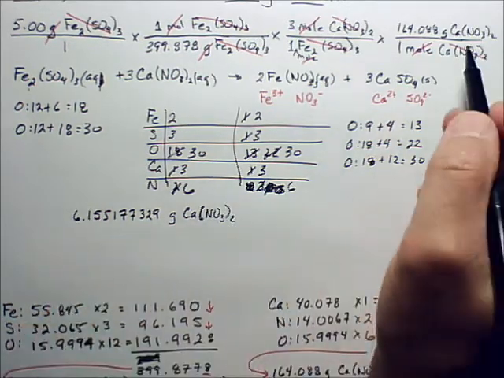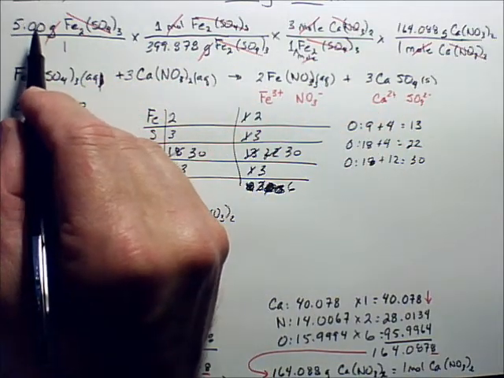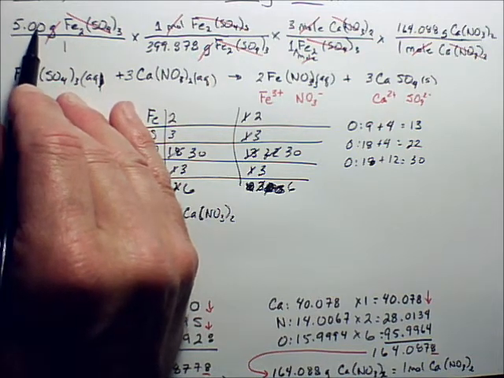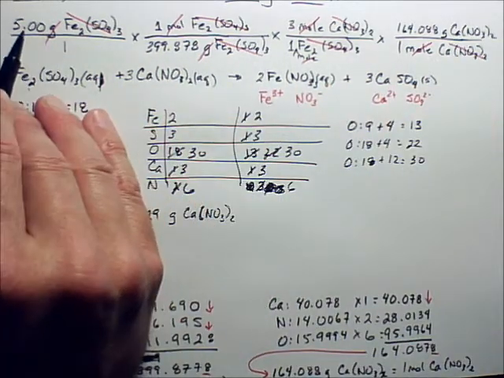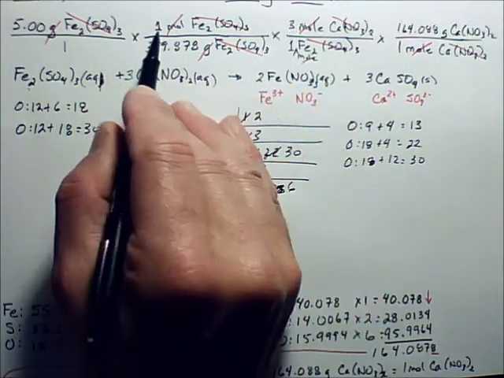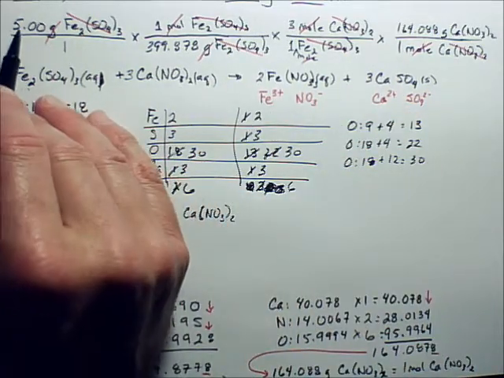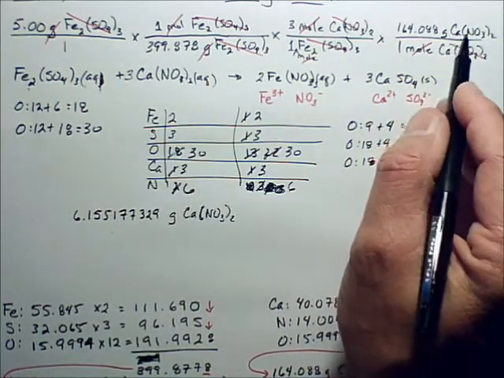Now the part of the problem that has the least number of digits is this first part. Remember, when you're figuring out significant digits in multiplication and division, you don't worry about the counting numbers: this 1, this 3, and this 1 here. You only worry about the measured numbers like this or the calculated numbers like this and this.